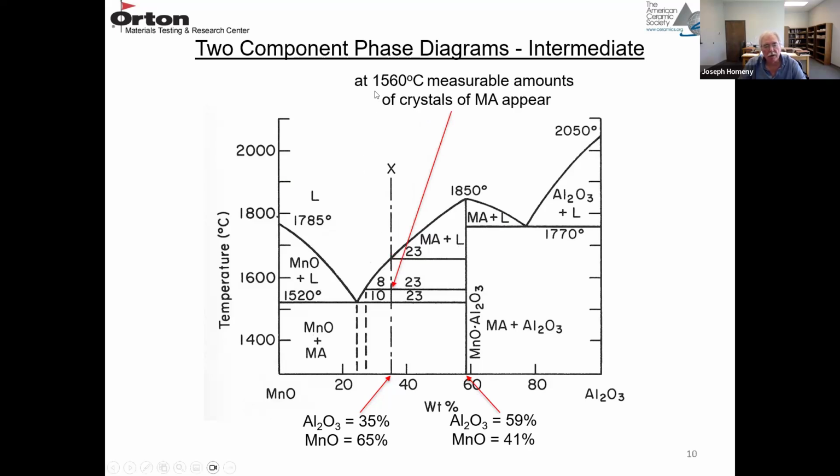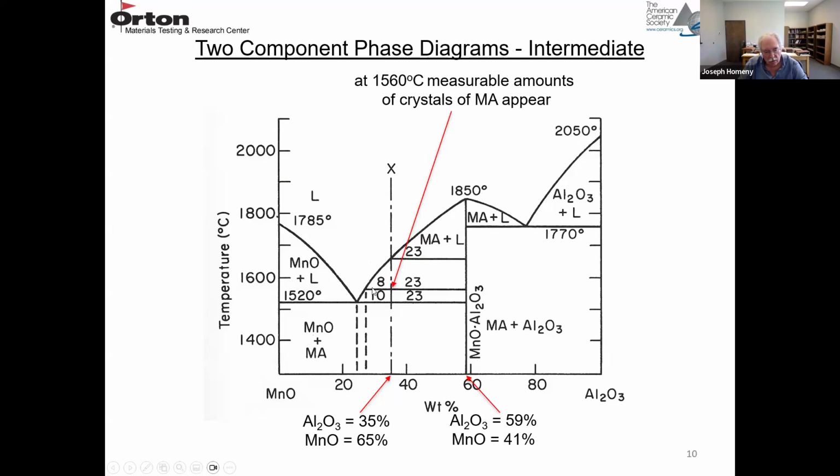Then we drop the temperature down to 1560. This tie line here is about 1560. And now we have a great deal more of the Ma crystals appearing. Again, the composition of X is 35% alumina and 65% MnO.